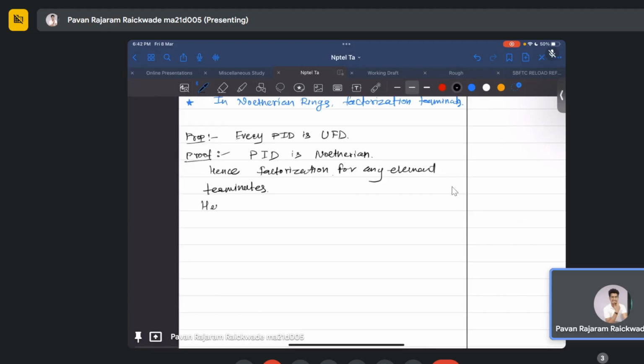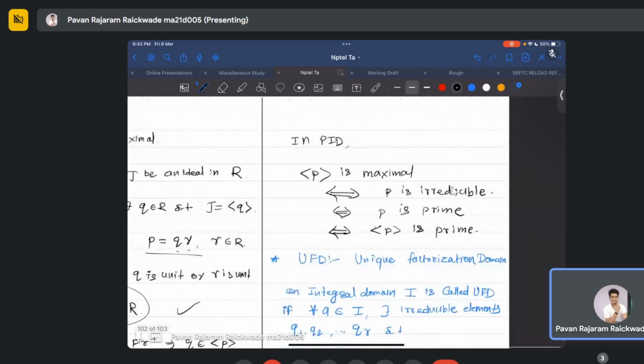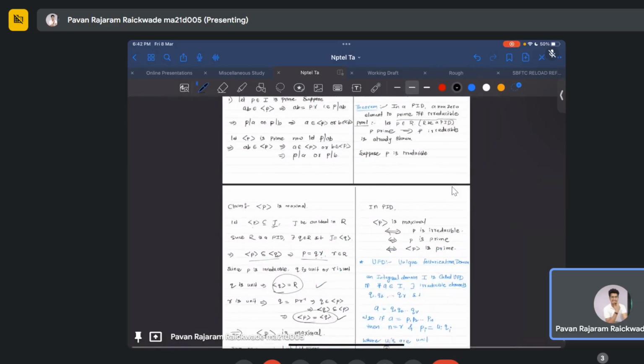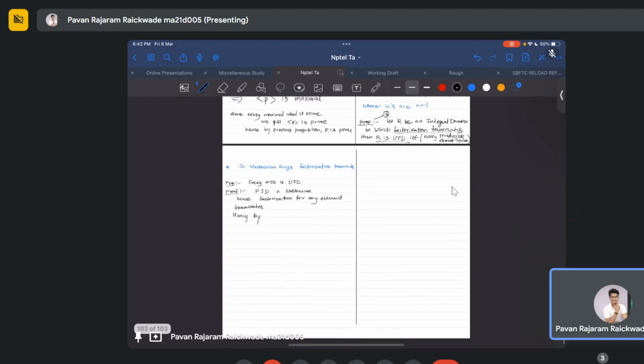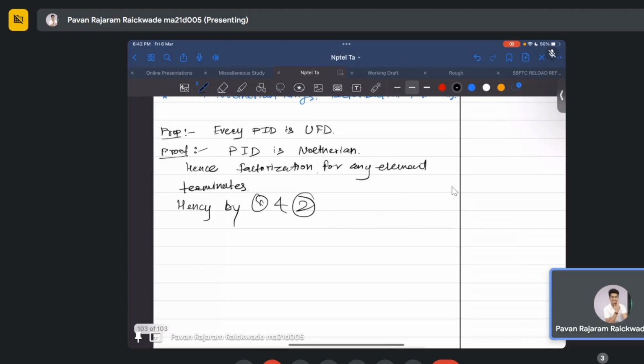Hence, let's say this is proposition 2, and this is proposition 1. Then by 1 and 2, we get the required result.